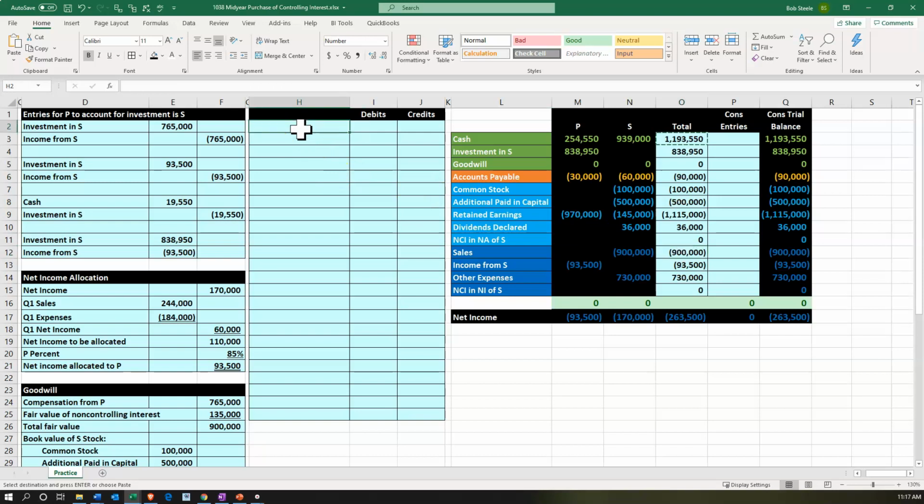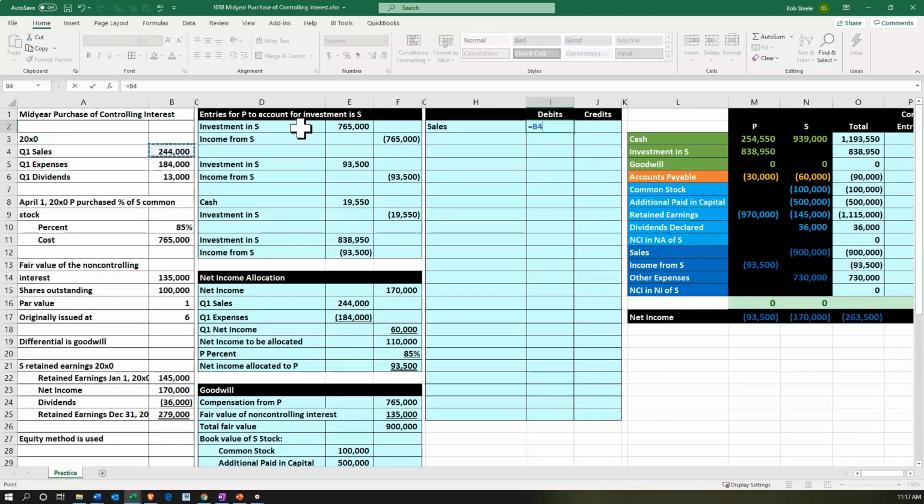We're going to say, all right, the sales needs to go down by the first quarter information, which is that 244, and the expenses, which we grouped into this one expense account here, is going to go down by the expenses for the first quarter, which is the 184, and then the dividends that were declared need to go down for those that happened in the first quarter, which were the 13,000.